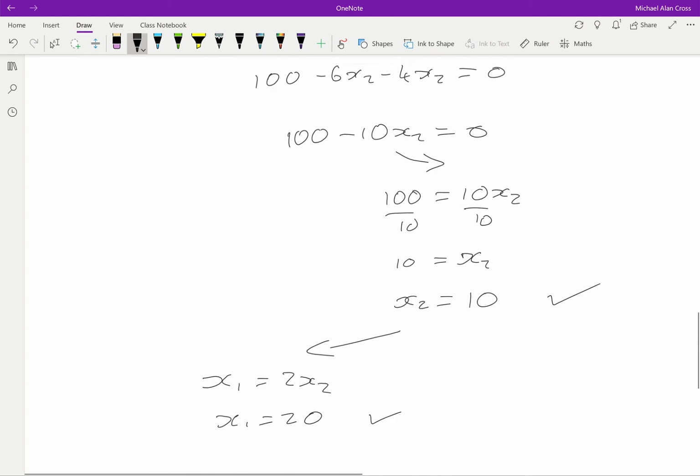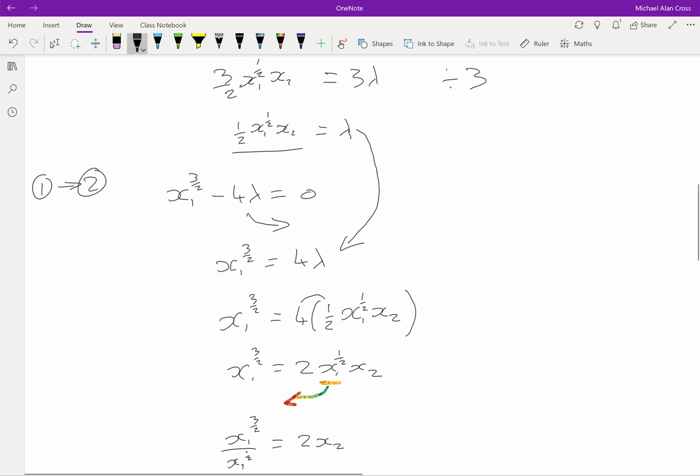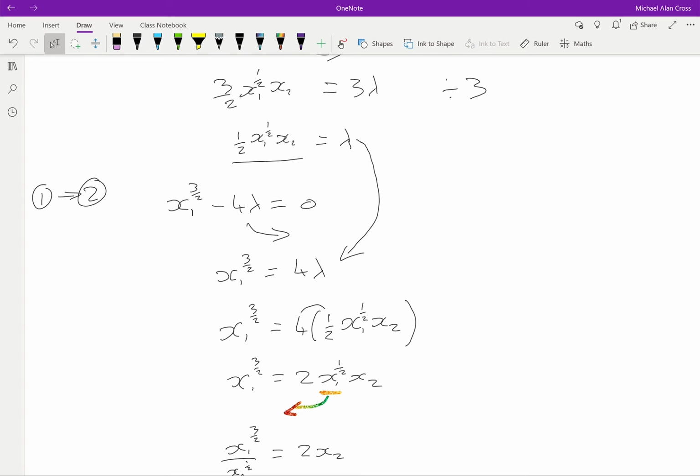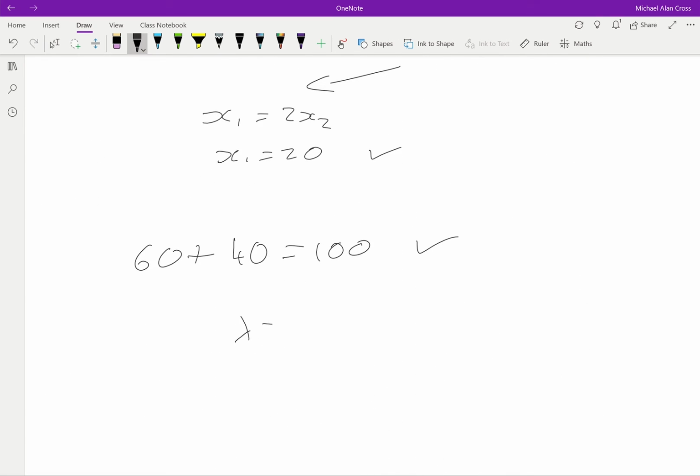And we can now find that lambda is, wow, okay, lambda is a half x1 to the half x2, which is a half times x1, which is 20, to the half times 10.